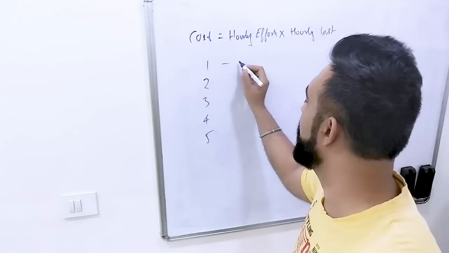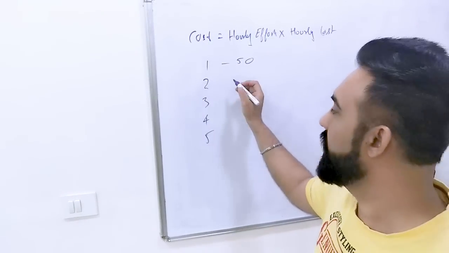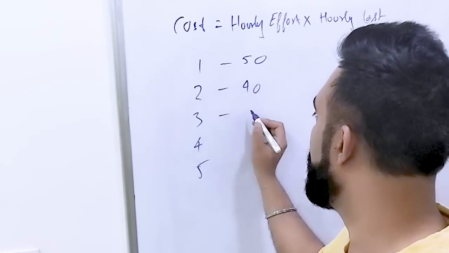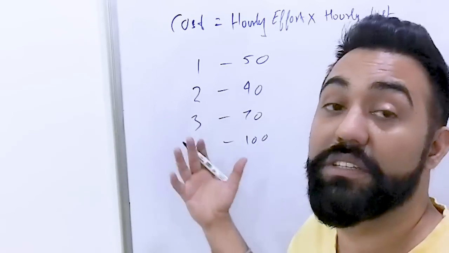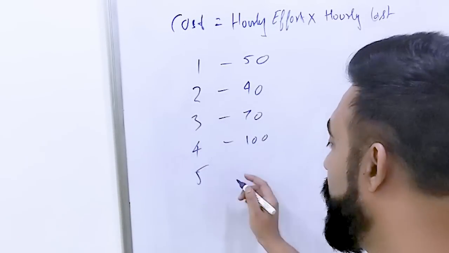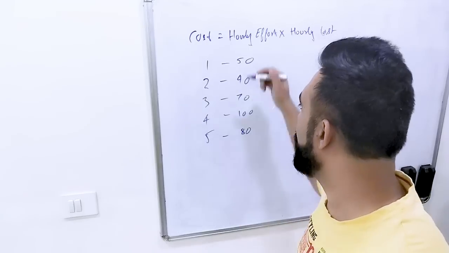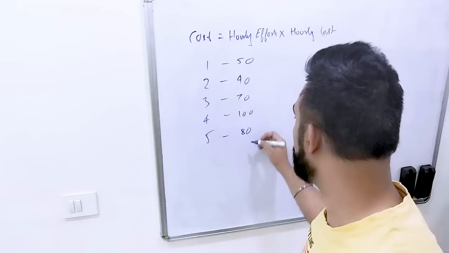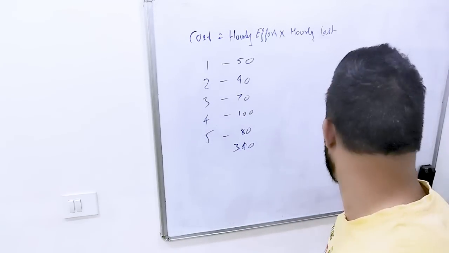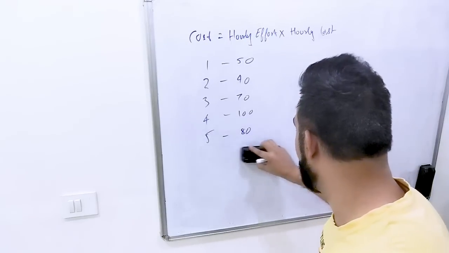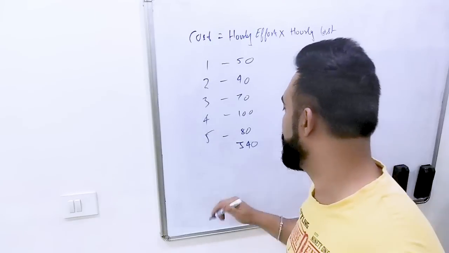So let's say that it's going to take 50 hours to do the first feature, and 40 hours for the second one, 70 hours for this, 100 hours to do the fourth feature. Let's consider this is a complex one, and let's say 80 hours to do the 5th feature. So that's roughly around, let's say, 340. Anyway, so you get an idea, right?